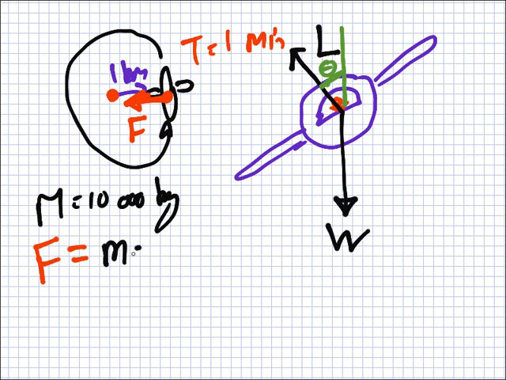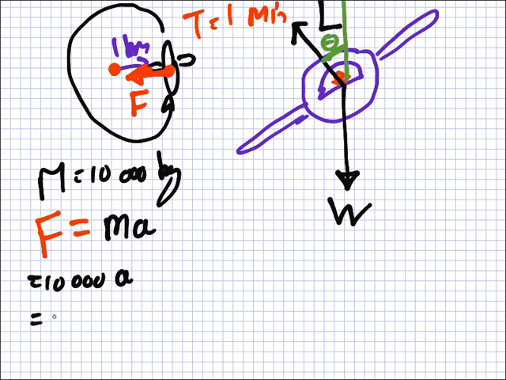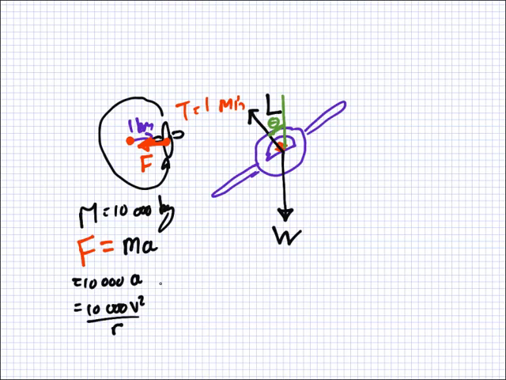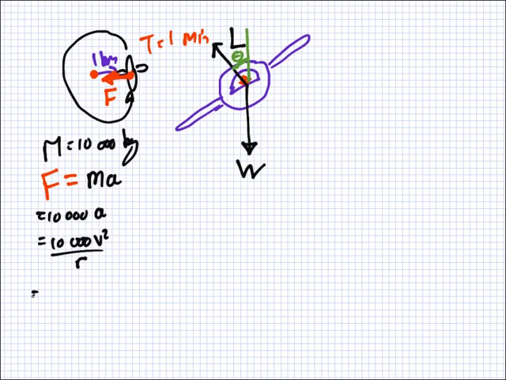So F is ma, which is 10,000 a, which is 10,000 v squared over r. Which is 10,000, and the radius is 1,000. And the v we don't know, but we can say it's omega r, can't we?